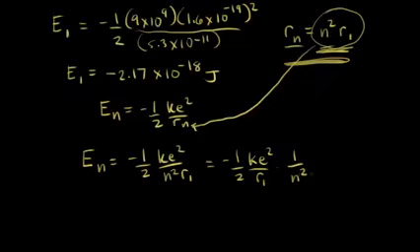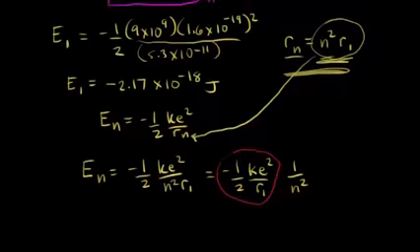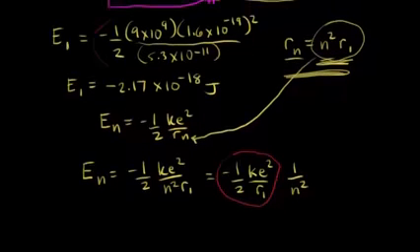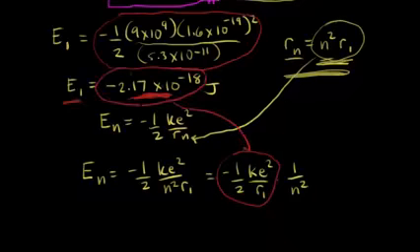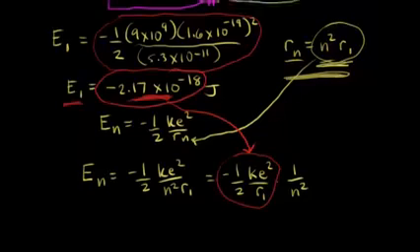I rewrote it this way because I know what negative 1/2 Ke squared over R1 is equal to; we just did the math for that. This is the energy associated with the first energy level, so we can take this number and plug it in for all of this.